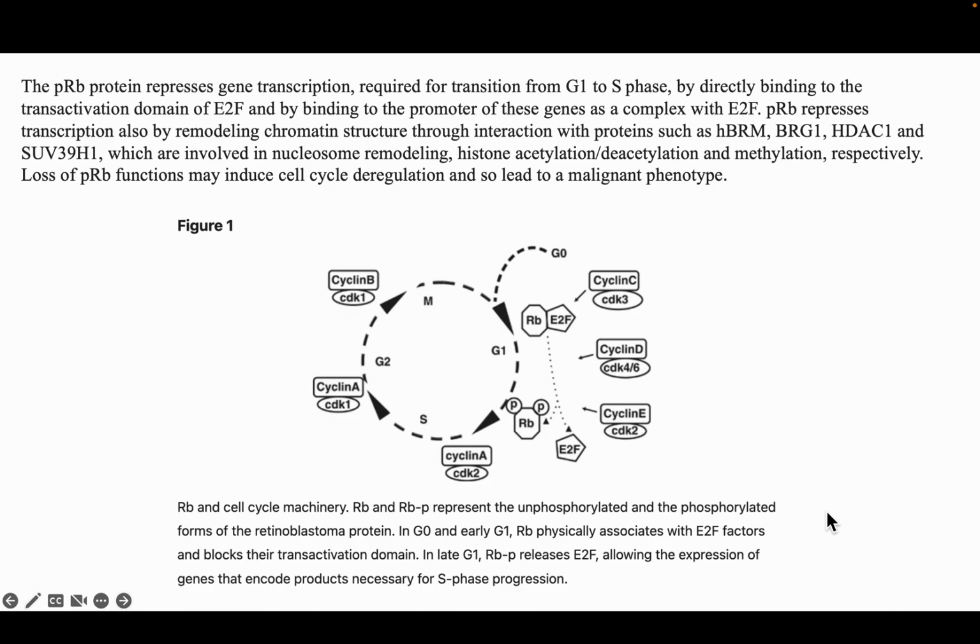So what happens in G0 and early G1 phase, retinoblastoma physically associates with E2F factors and blocks their transactivation domain. So then they eventually block the transcription. And in late G1, retinoblastoma is phosphorylated and releases E2F so that E2F can function. And also it allows the expression of genes that encode products necessary for S phase progression.